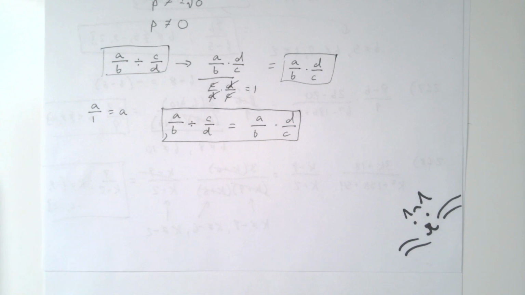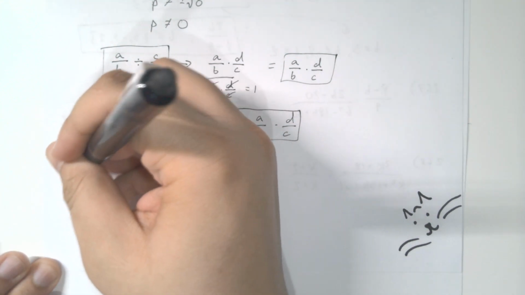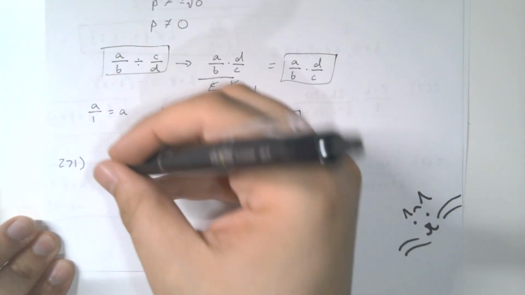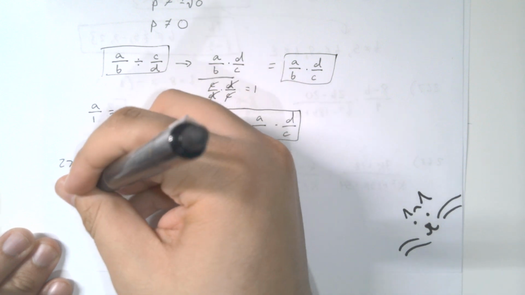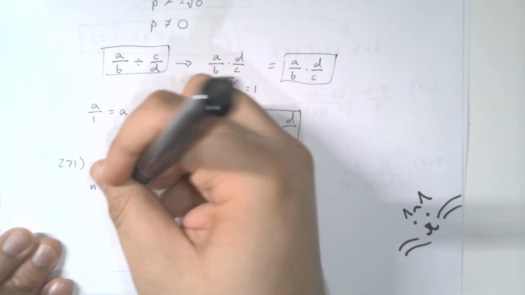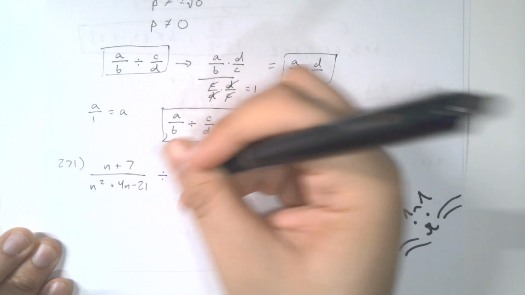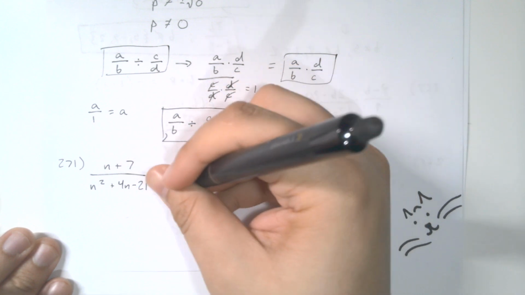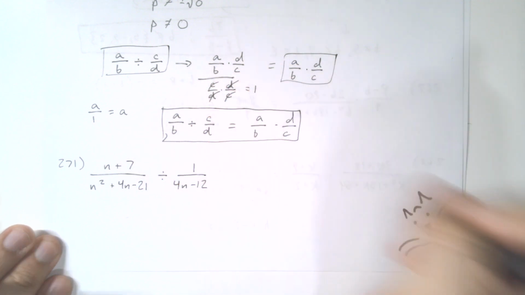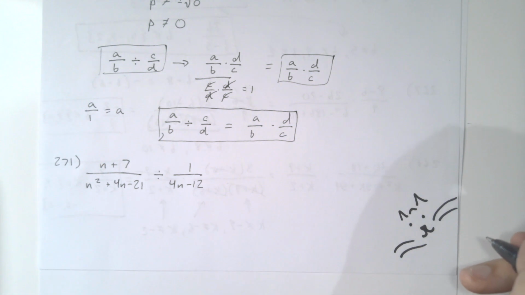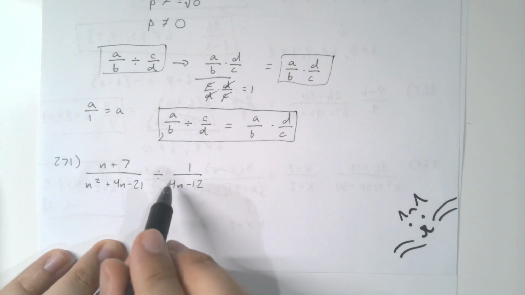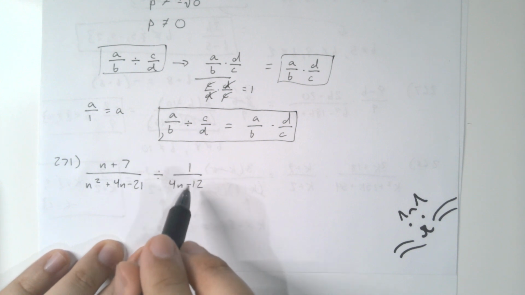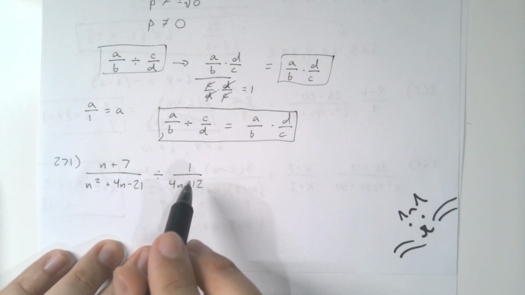So I think we'll have enough room for number 271. For number 271, we have n plus 7 divided by n squared plus 4n minus 21 divided by 1 over 4n minus 12. To convert this into multiplication, we just have to flip this fraction on the right.